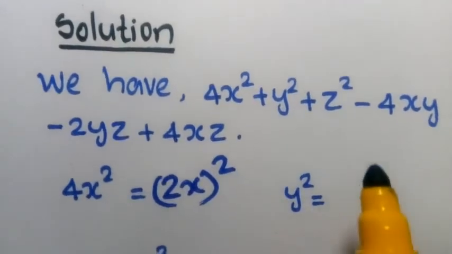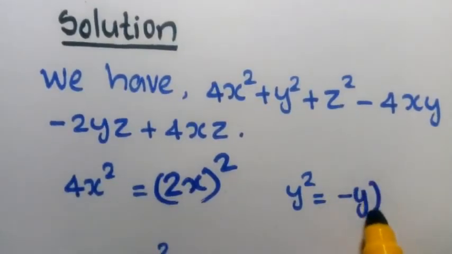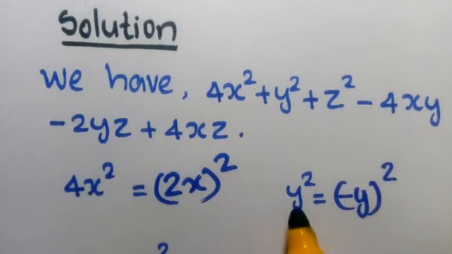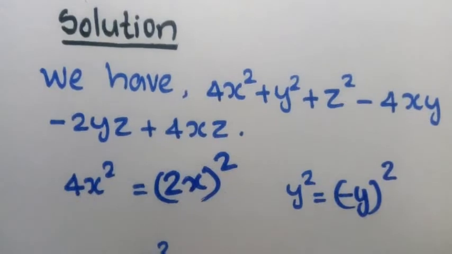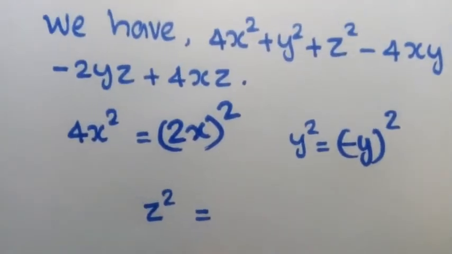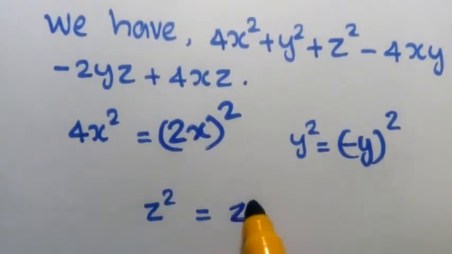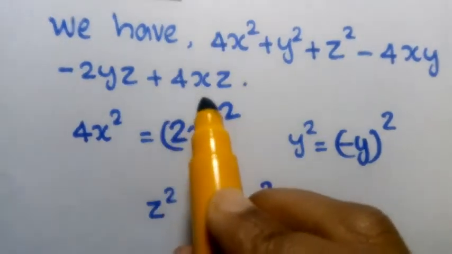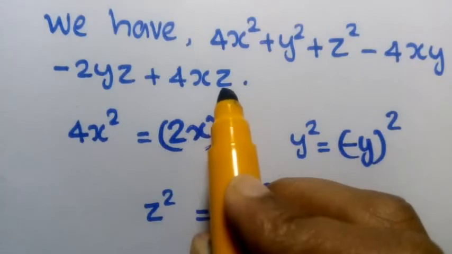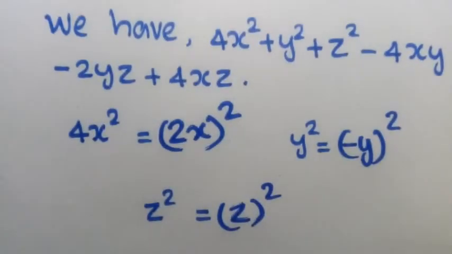So y² is equal to (-y)². Negative y whole square is y² itself. Next z². z² is equal to z² itself because in the last term we have positive xz. Children, be careful about the signs.